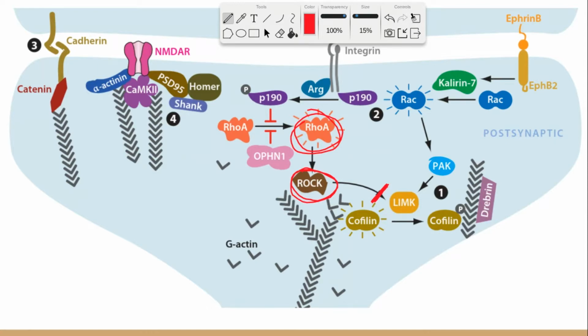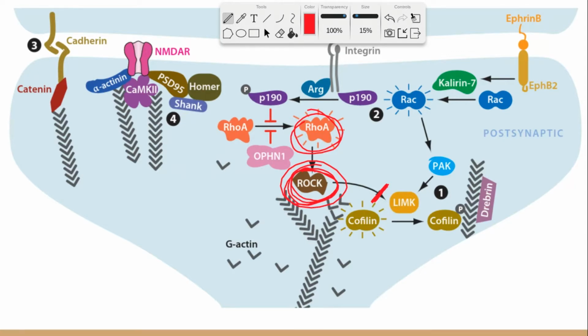And although not shown here, ROCK also activates actinomyosin. Actinomyosin is an actin motor protein that induces actin contraction. Right? It's a motor protein that will bind to actin filaments and basically pull them together. And this will cause contraction, and it shrinks the dendritic spines. And that happens due to ROCK. ROCK can phosphorylate and cause that to happen.